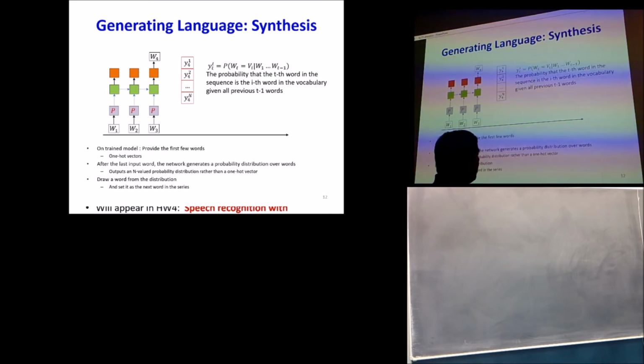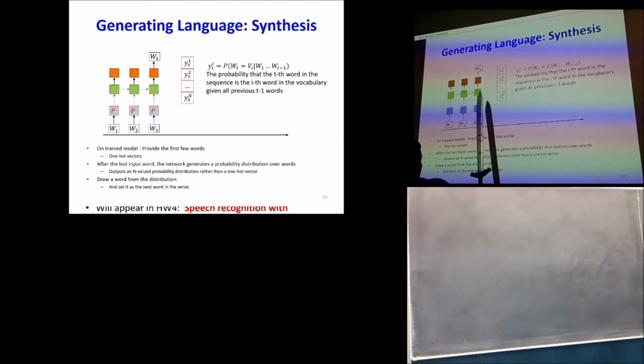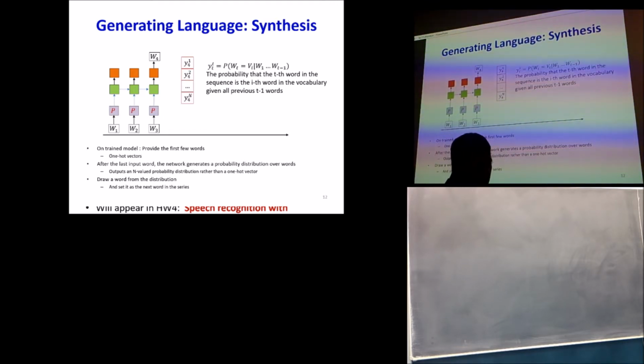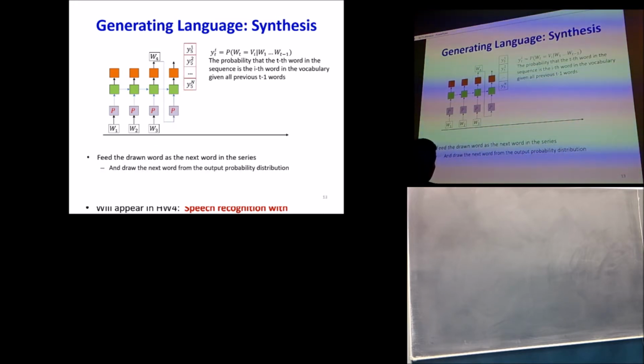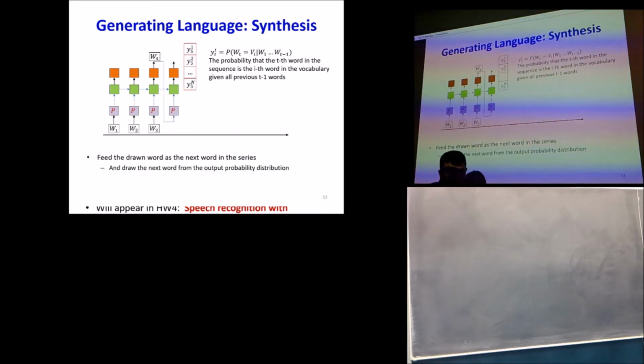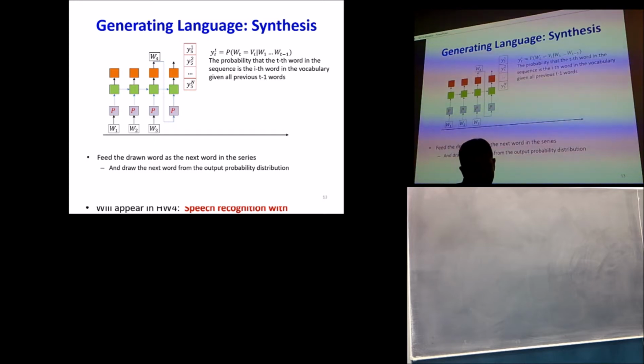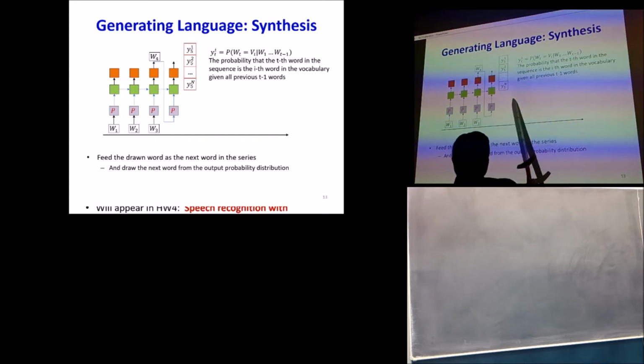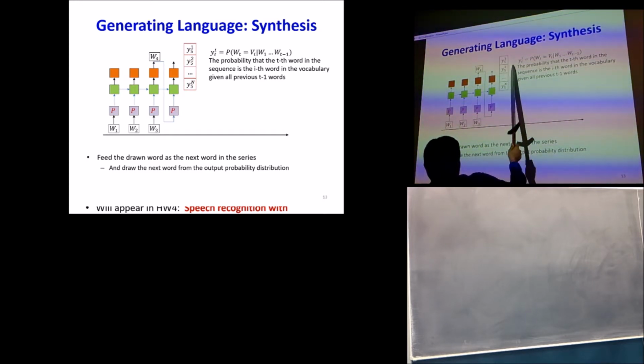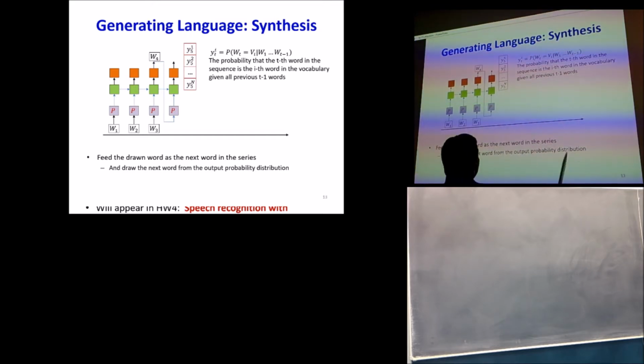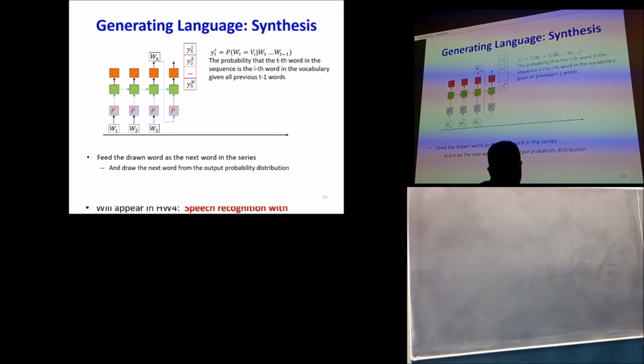And now, having drawn this W4 from this probability distribution, we could input that as the next word in the sequence to the network. And the network would now compute a probability distribution over the words that it is predicting at time 5.